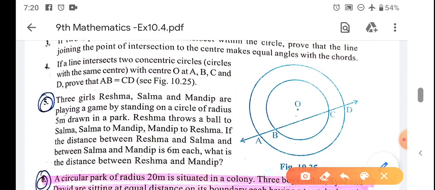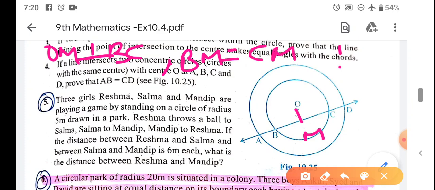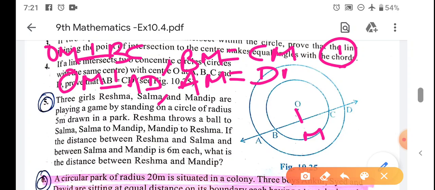What have we done? Let us repeat. I have drawn a perpendicular OM to BC, so BM is equal to CM, and OM is also perpendicular to AD, so AM is equal to DM.